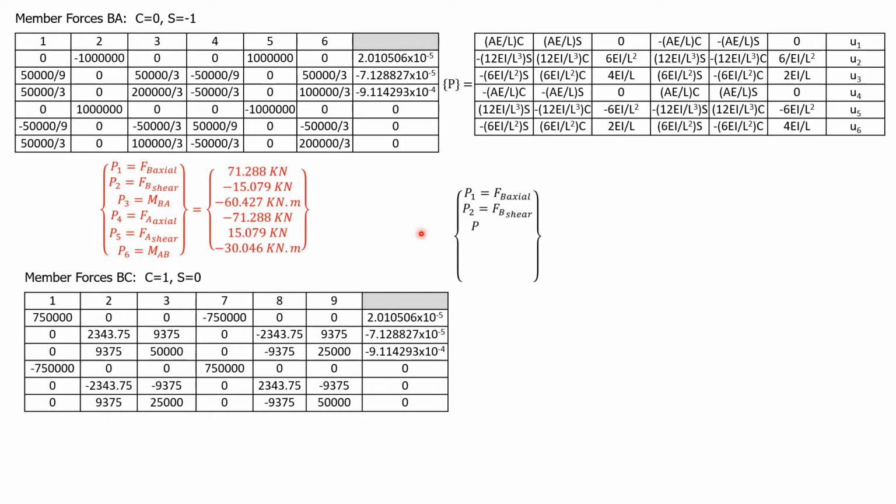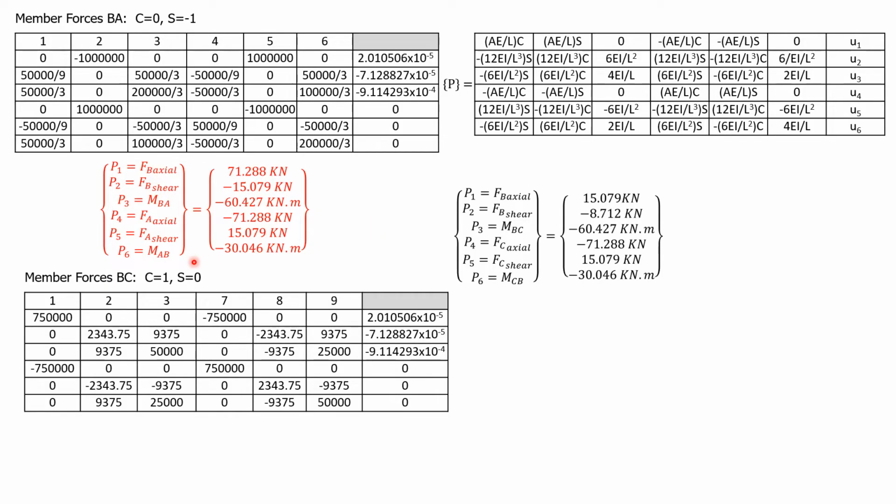P1 is the axial force of BC, P2 is the shear force of BC. Then likewise, the shear of BC is the axial force of AB or BA.